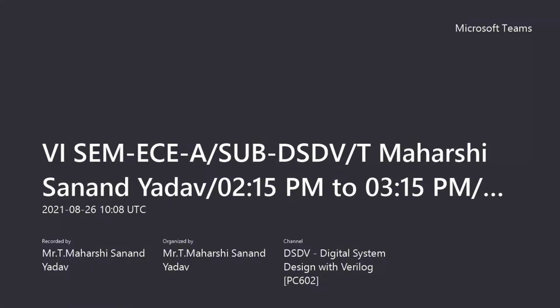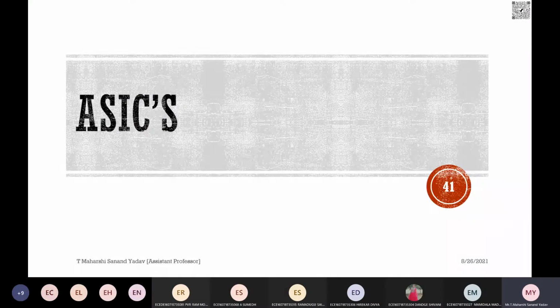This is ASIC. Can anyone tell me the full form of ASIC? What is the difference between IC and ASIC? What does IC stand for? Integrated circuit. How is an integrated circuit made?